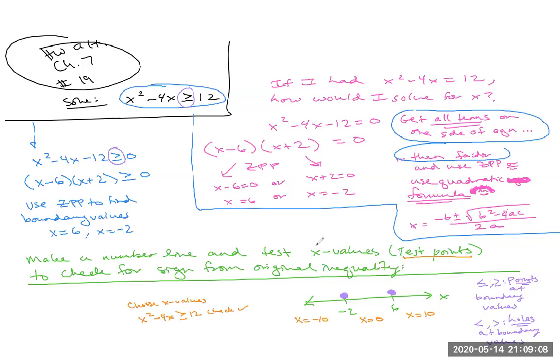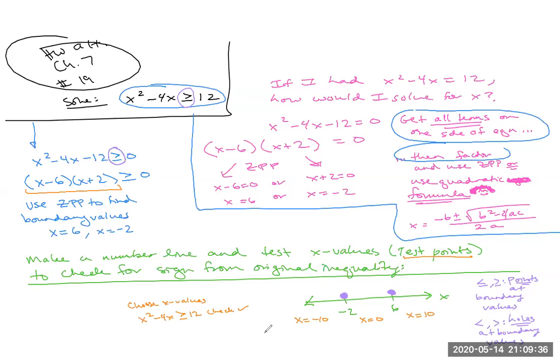Okay, so you see how when we moved all the terms over to the left side and we factored down, we have a binomial times a binomial. And we're saying that whatever this binomial times binomial comes out to be, we want it to be greater than or equal to 0, meaning positive or 0.